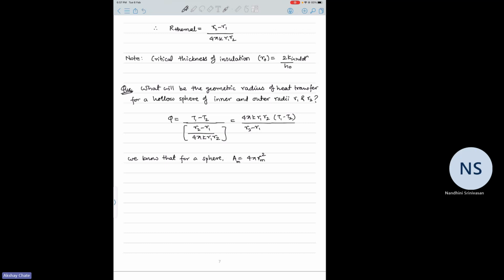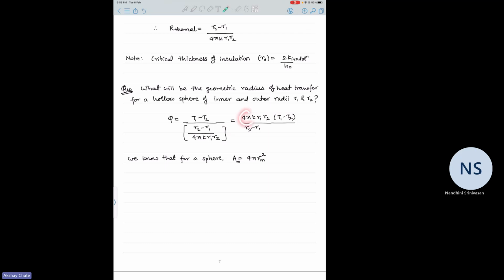So what they do here is they compare. See here in this equation, this delta T is T1 minus T2, which is not an area term. Thermal conductivity is again a material property.